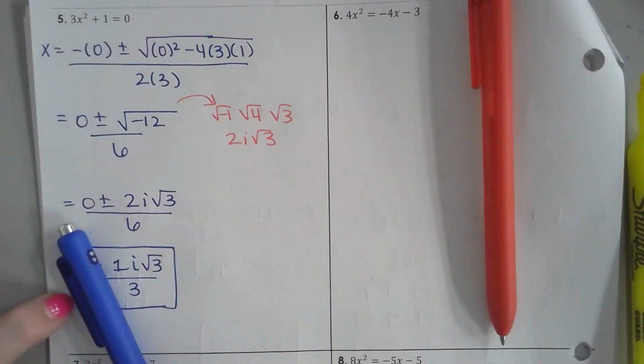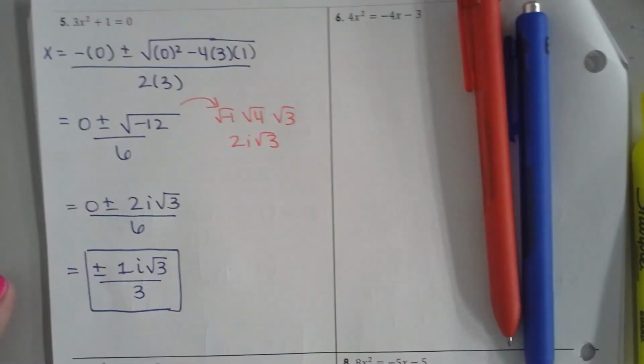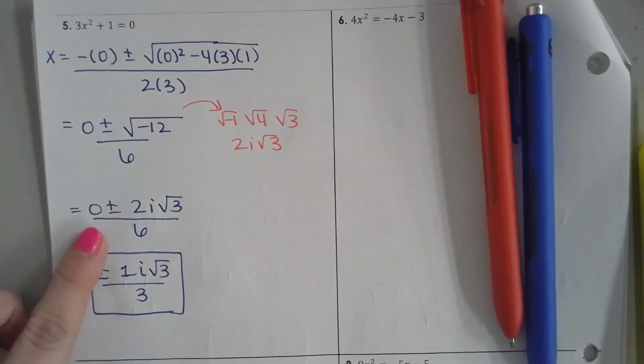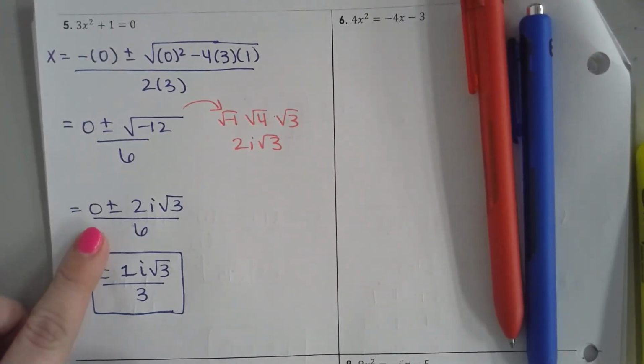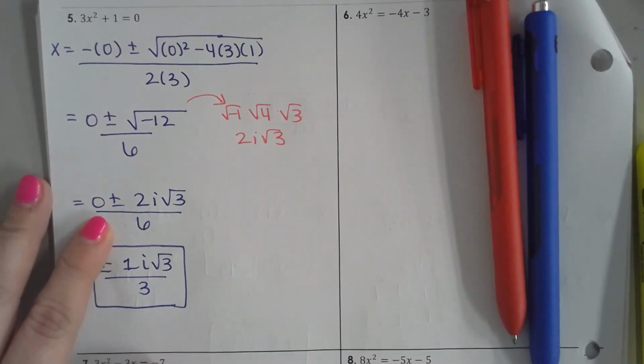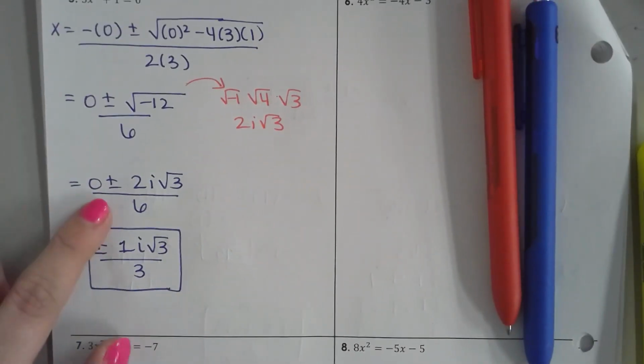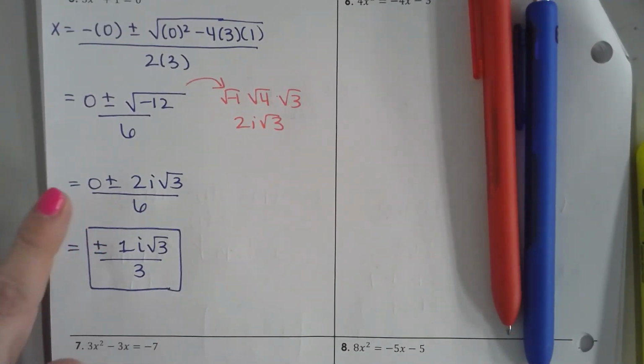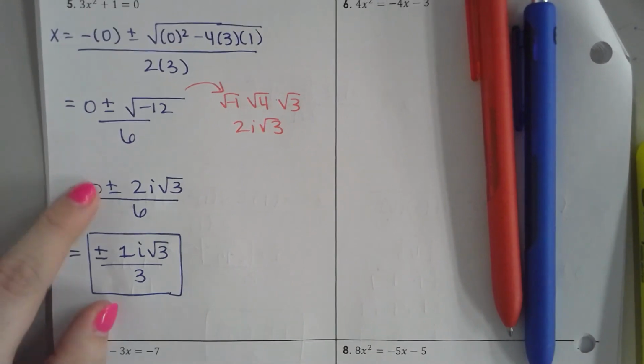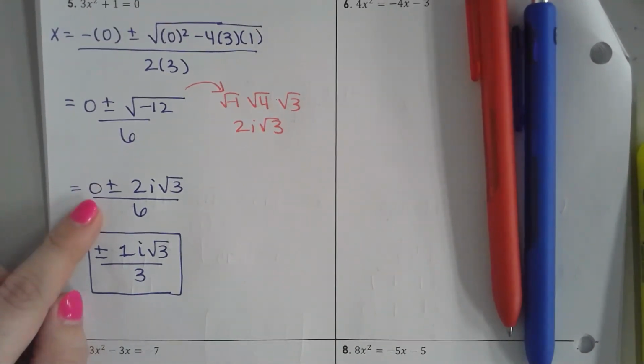Okay, I've worked out number 5 if you want to take a look. You can drop the 0 if you want, but you do have to keep the plus or minus, because it's really saying positive 2i square root of 3 and negative 2i square root of 3. And then you can divide 0 by any number you want.